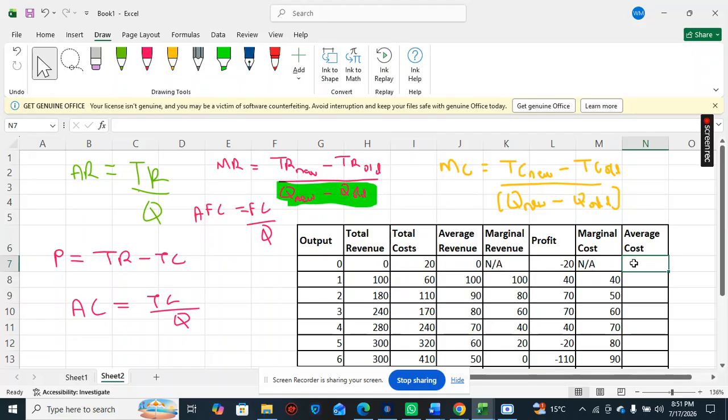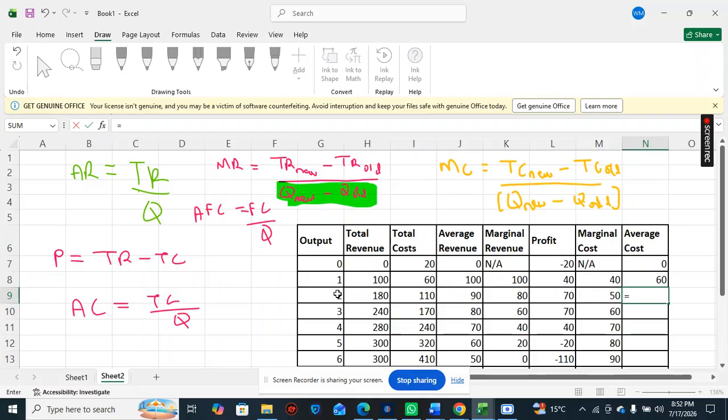All right, so when we produce 0 units, total cost 20, output 0, so the average cost is 0. The cost per unit is 0. When we produce 1 unit, our total cost is 60 divided by 1 unit, 60 kwacha. The cost per unit is 60 kwacha.